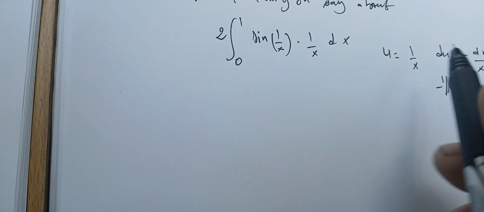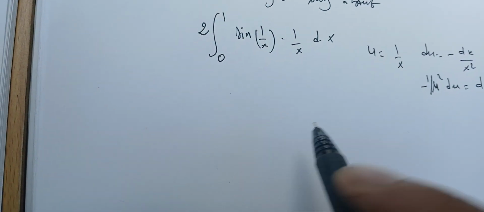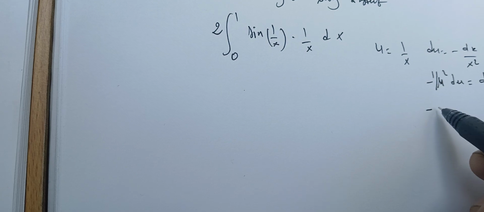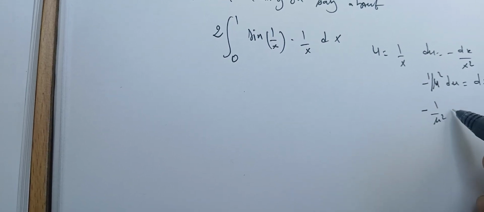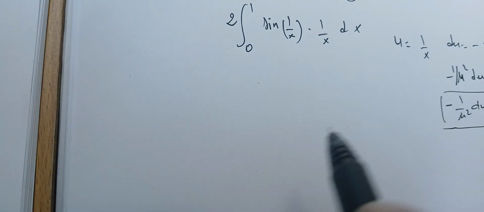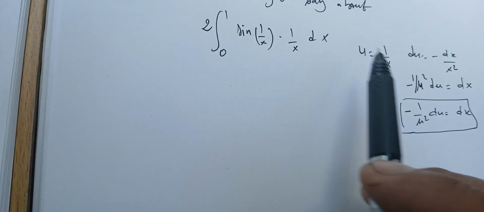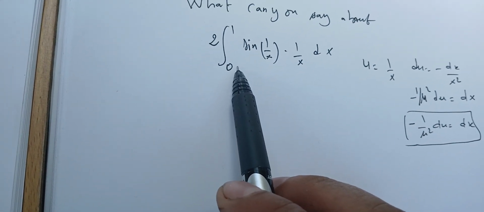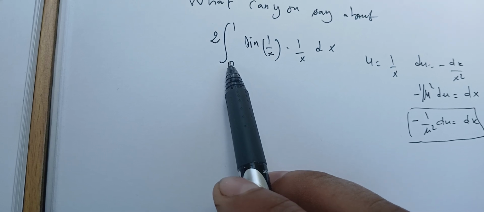Let me write it one more time: minus 1 over u squared du. That's giving me dx.